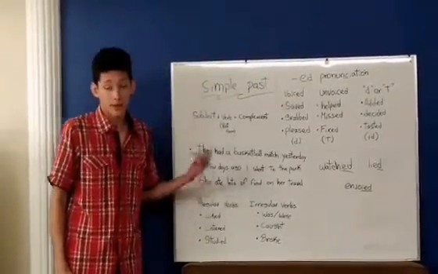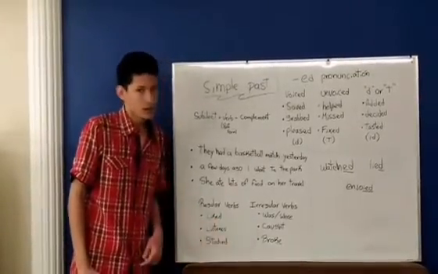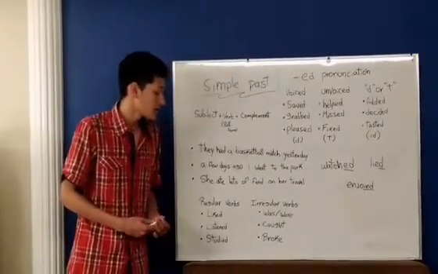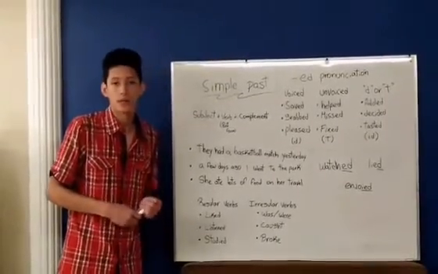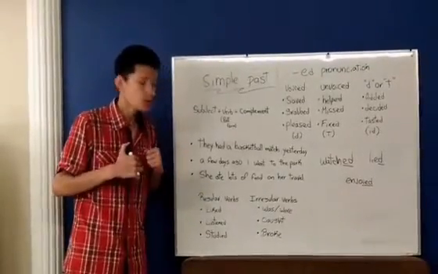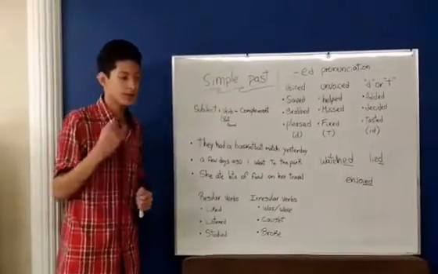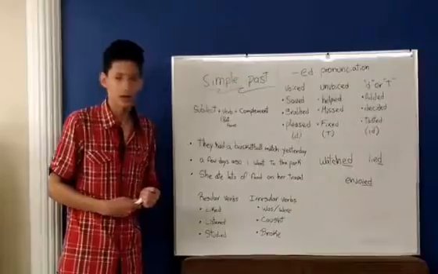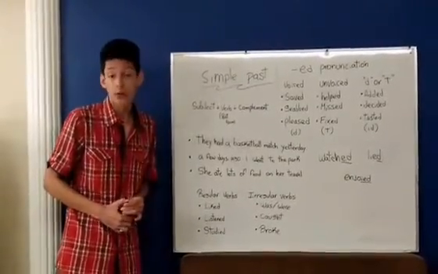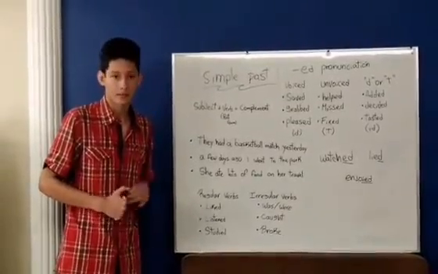Caught is the past form of the verb catch, and broke is the past form of the verb break. There are a lot of irregular verbs, and the best way to learn them is to practice a lot, reading and using them as much as you can. And I will send you a list with all the irregular verbs so you can see them and practice.